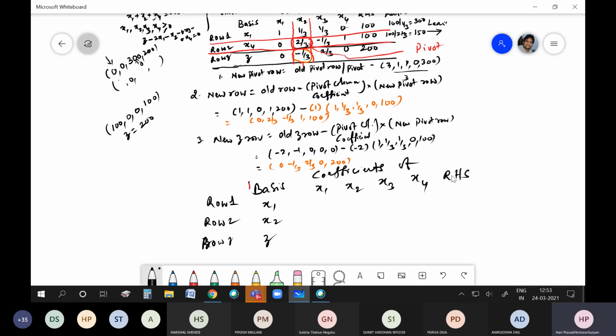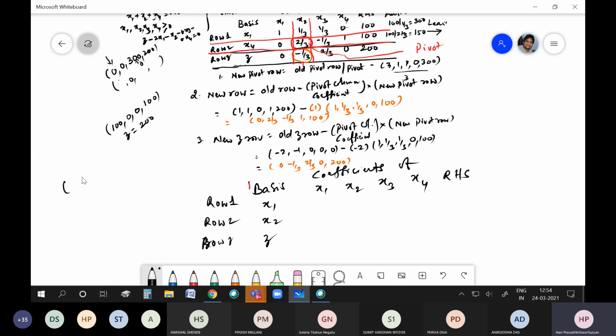Now which row should I write first, row 1 or row 2? Row 2, because the pivot is in this row. So the new pivot row equals the old pivot row divided by the pivot coefficient.